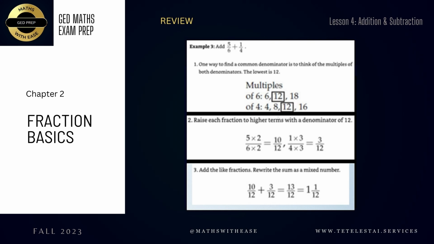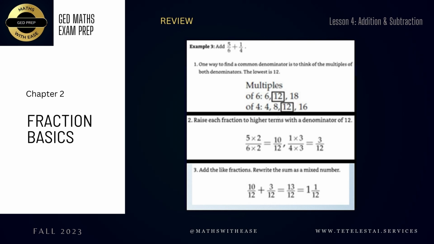So that means we need to multiply 5 by 2 as well. Remember what we said earlier, whatever you do to the numerator, you have to do to the denominator. So since we multiplied 6 by 2 to get 12, we're going to multiply 5 by 2, and that gives us 10. So we have 10 over 12 as our first fraction.